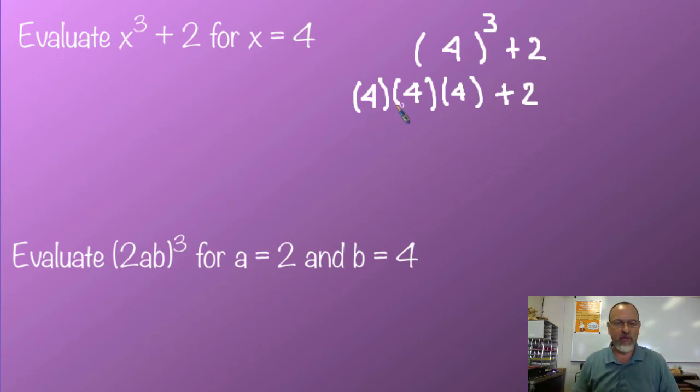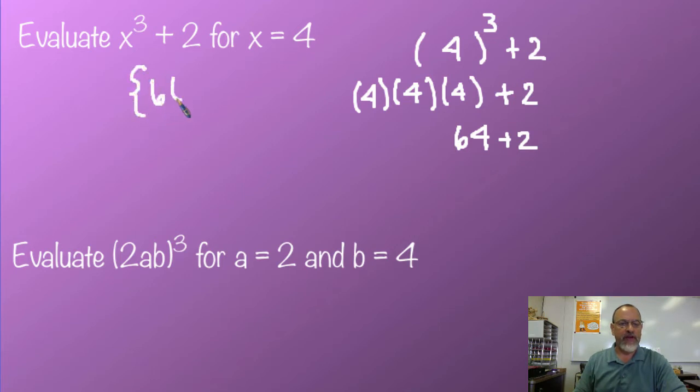So 4 times 4 is 16, and then 16 times 4 is 64. That gives me 64 plus 2. All my multiplication and division is done. Now I can go from left to right and add and subtract as I move across. So 64 plus 2 is 66. If I evaluate x cubed plus 2 for an x value of 4, I get an answer of 66.